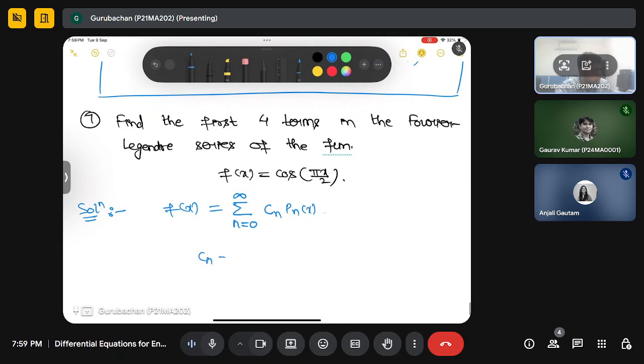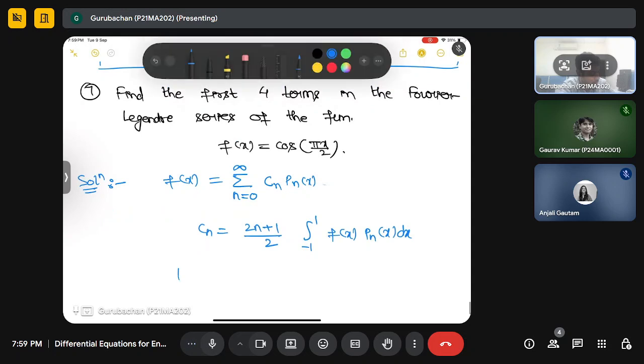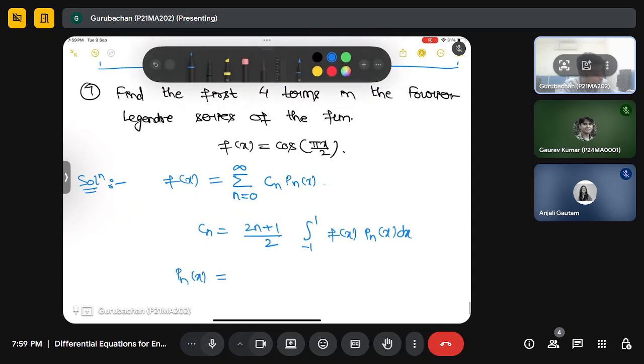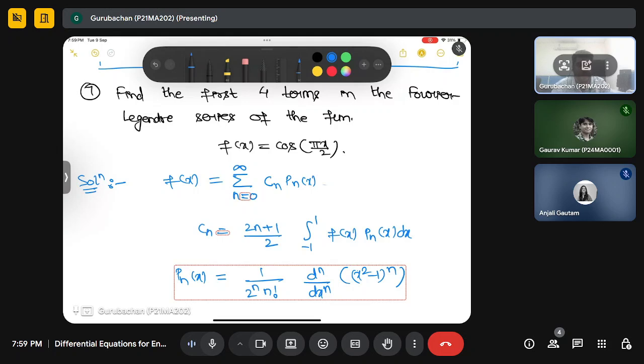Where this cn is (2n plus 1) by 2 times the integral from minus 1 to 1 of f(x) into Pn(x) dx, and Pn(x) is the Legendre polynomial, which can be found from the Rodrigues formula: 1 by 2 to the power n n factorial, d n by dx n of (x square minus 1) to the power n. So what you have to do is find P0, P1, P2, P3, and then put these values in this expression. Then you have to find out this series expression. Try this one.